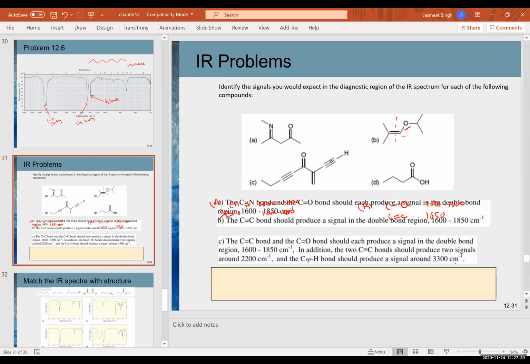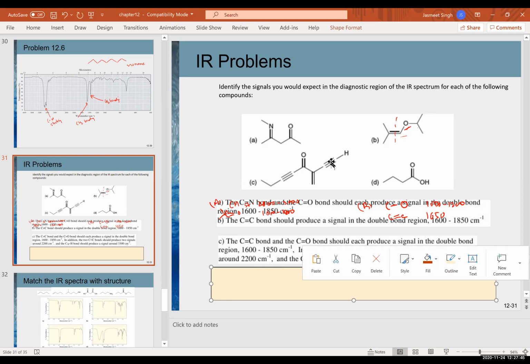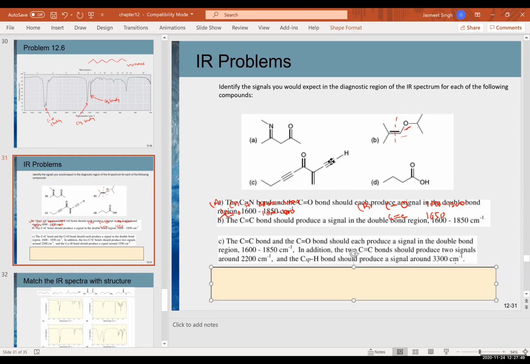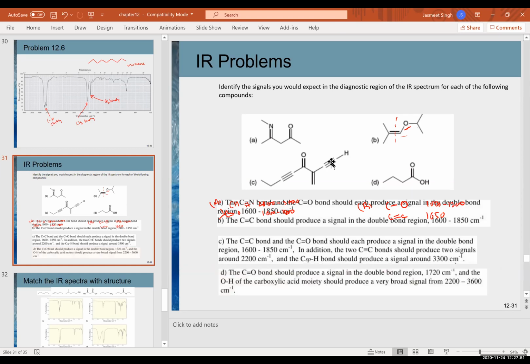It's like big or wide. It will be so broad that it will overlap with the CH stretching. Yes, yes. Any other prominent signal? There'll be a C double bond O signal at 1650-ish, right? And all the signals will be broad. So it's going to be an extremely broad signal.